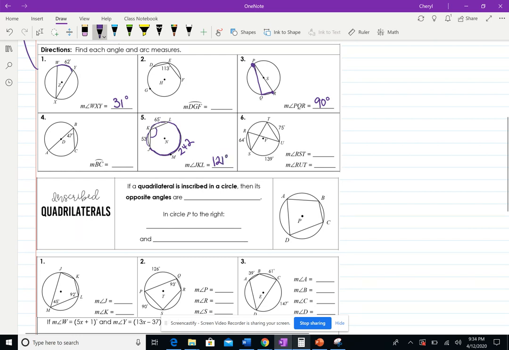Okay, so if you can do inscribed angles, you can do inscribed quadrilaterals. If a quadrilateral is inscribed in a circle, then its opposite angles are supplementary.